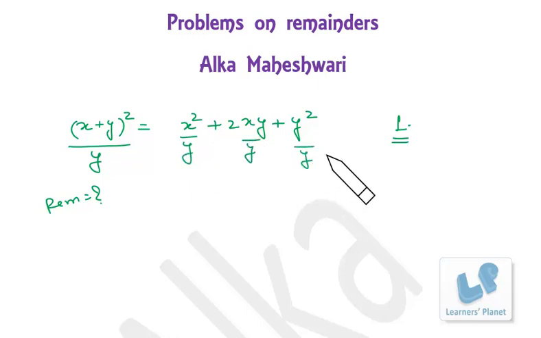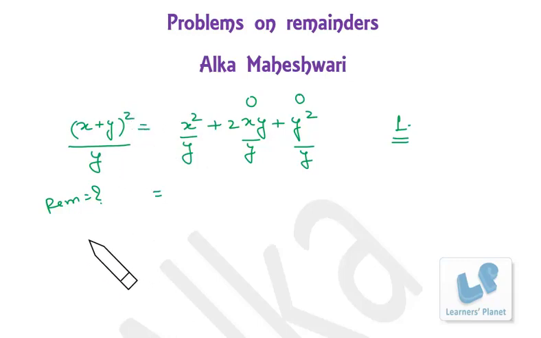Here 2xy is a multiple of y, so the remainder is 0. Y square is a multiple of y, so the remainder is 0. So we are left with x square only. So x plus y whole square when divided by y, the remainder will be x square.